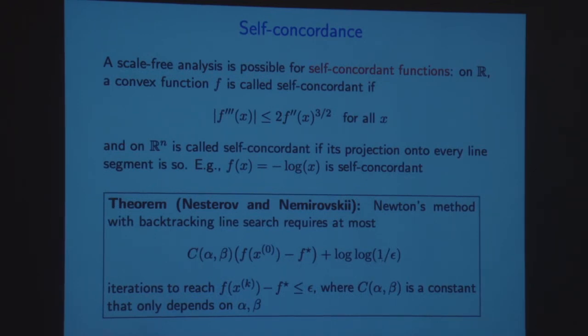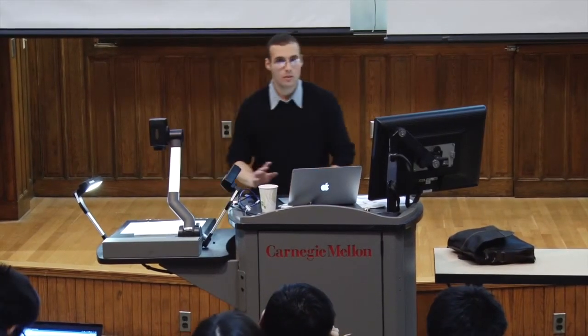And I think it was considered a huge achievement in convex analysis and the analysis of second-order methods, the topic of self-concordance. And it's also important for interior point methods. Similar analyses can be performed for interior point methods. An interesting question, which I don't really know the answer to, is: we have a sharper analysis for self-concordant functions, but do we actually get better practical performance of Newton's method for self-concordant functions?